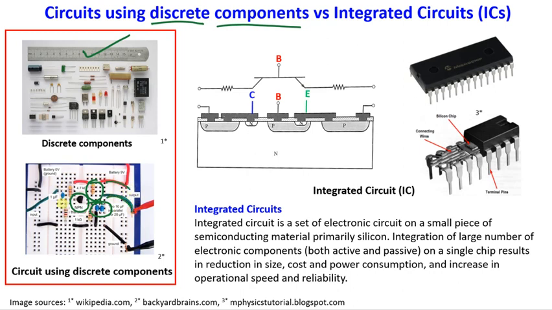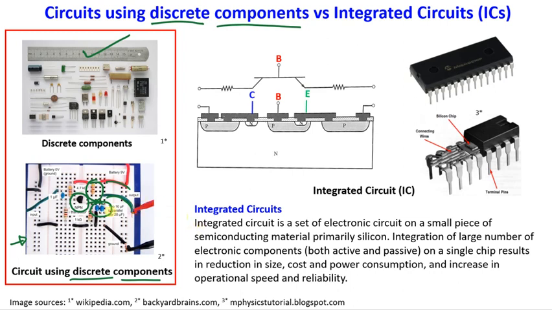So you can make a circuit like this, right? In fact, in your laboratory courses, you will be making circuits on a breadboard like this. So if you use these discrete components and make a circuit like this, they are called circuits with discrete components.